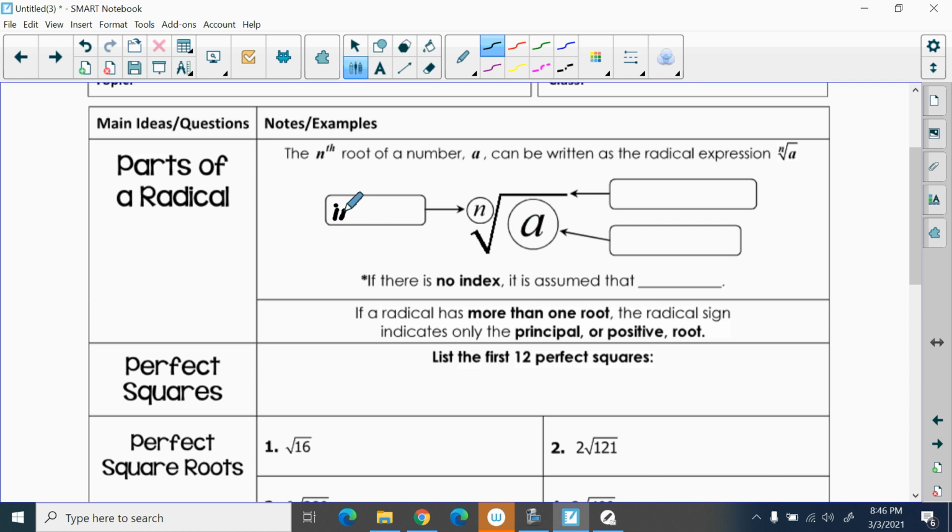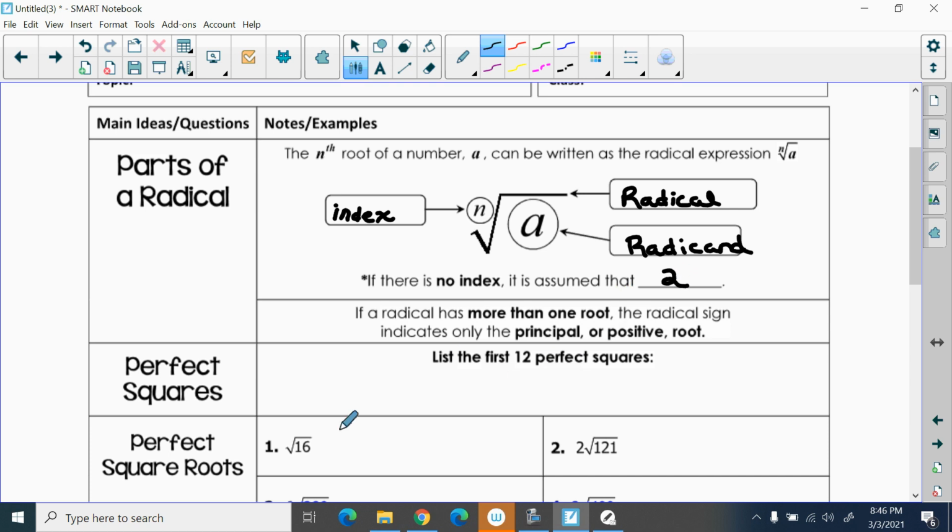When we do not have an index listed but we have a radical sign, we assume that it is asking for the square root. And this is called a radicand. Not that you really need to know that, but it does come up. So if there's no index, assume that it's a 2.